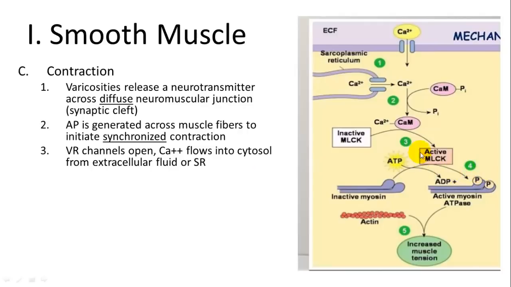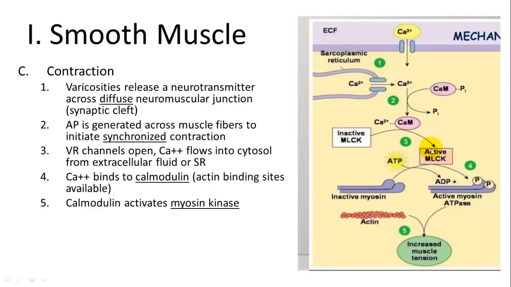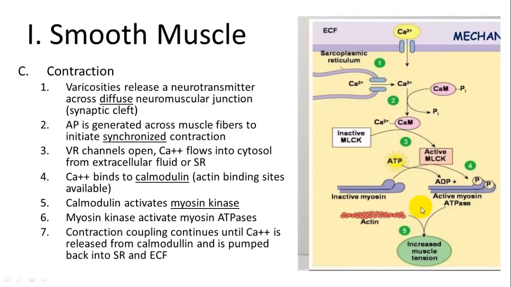The calcium then binds to the calmodulin, which then activates myosin kinase, that's MLCK here, which then activates the ATP on the myosin heads, which allows contraction to occur until calcium is pumped back into the sarcoplasmic reticulum and extracellular fluid.